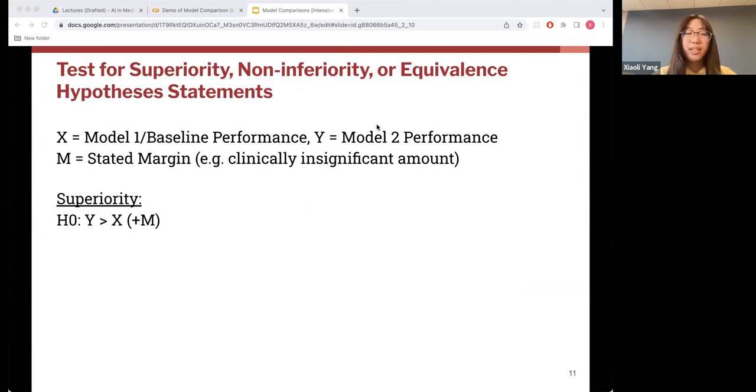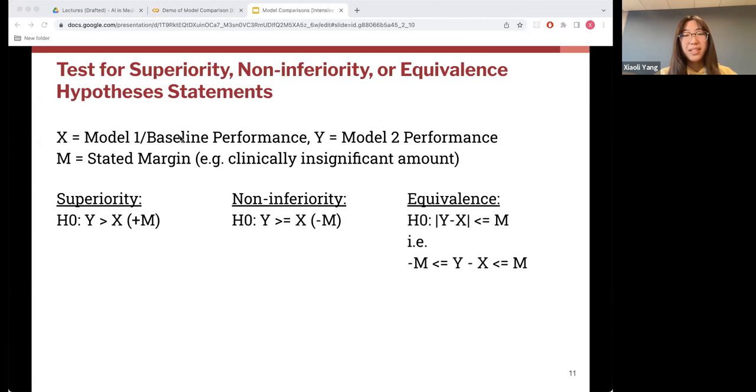So for the superiority test, the null hypothesis is that we want Y to be bigger than X plus a possibly non-zero M. And for the non-inferiority test, we want Y to be greater than or equal to X minus a possibly non-zero M. By this, we are saying that we can tolerate some kind of inferiority, but not too much.